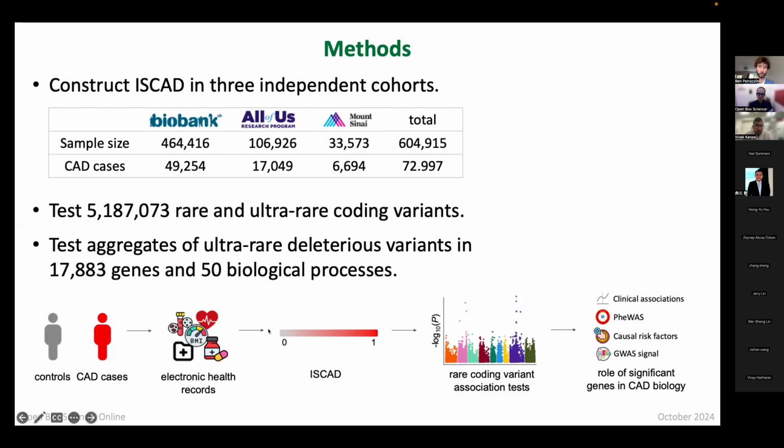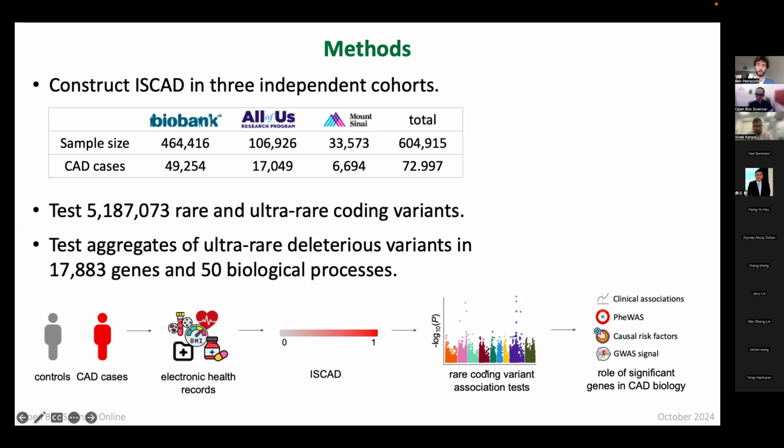And these are then used to compute ISCAD on a spectrum that goes from 0 to 1, 0 being less atherosclerotic burden, 1 being more atherosclerosis in an individual, in each independent cohort. So we trained 3 different models, 1 in each cohort, and computed the score in each cohort, and then also ran genetic associations in each cohort to then perform a meta-analysis of the association statistics.